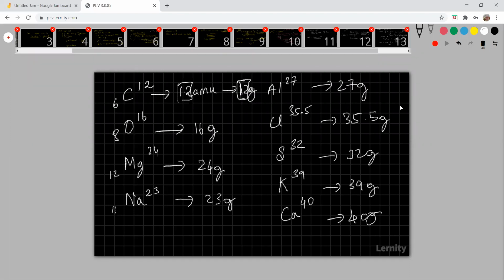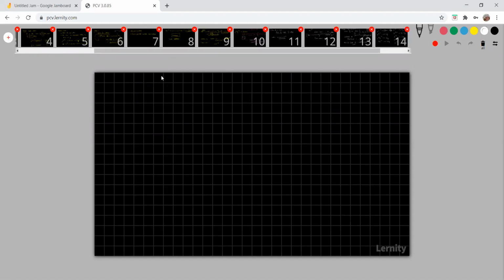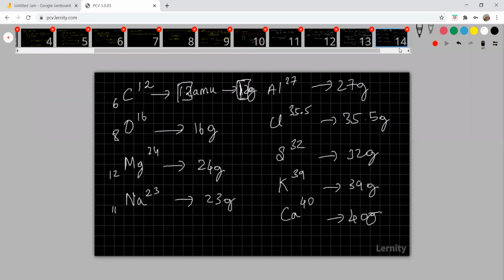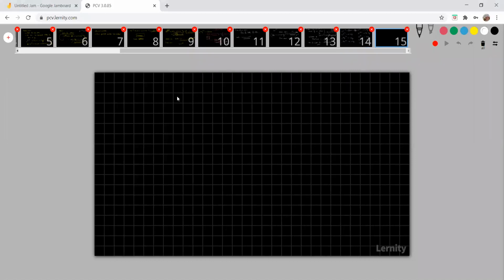Clear? Now, I'm just going to move to the molecules part. Before moving into the molecules, hope you all have copied down this. Okay. Now we are just going to go to the next part.